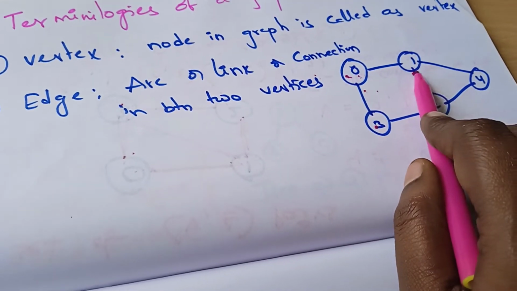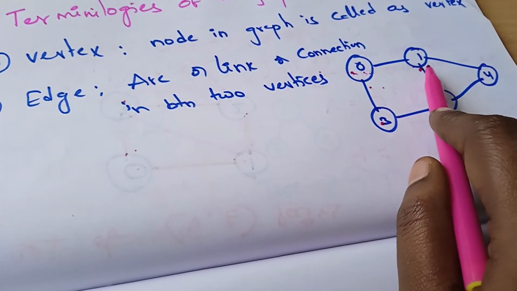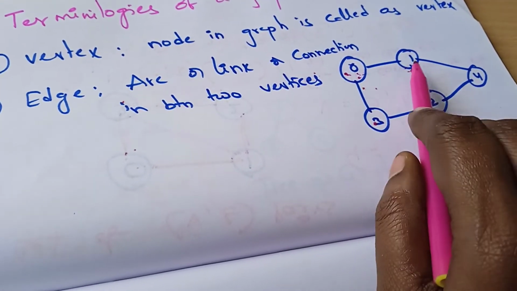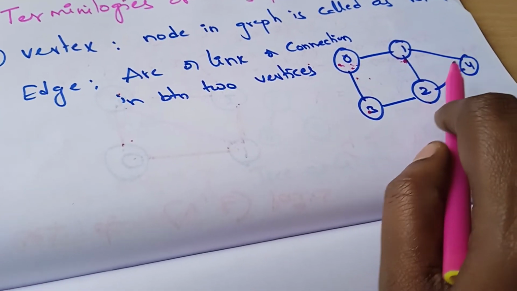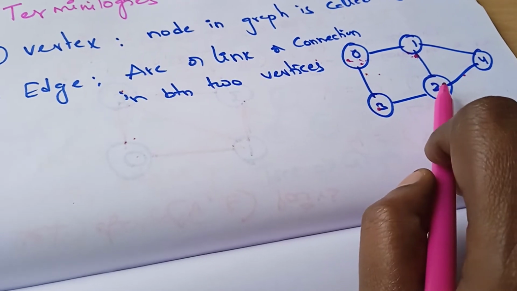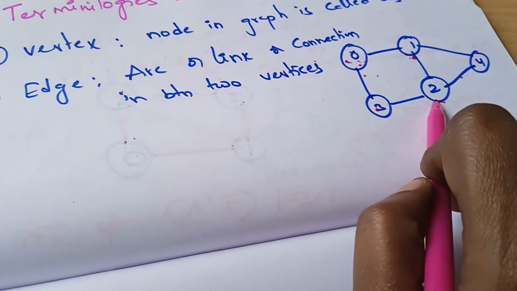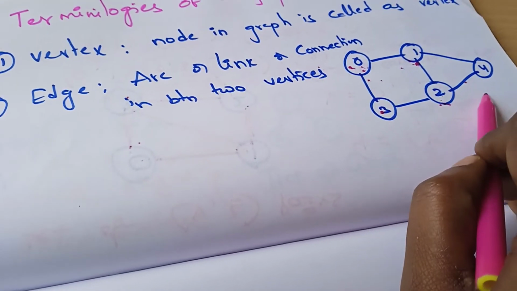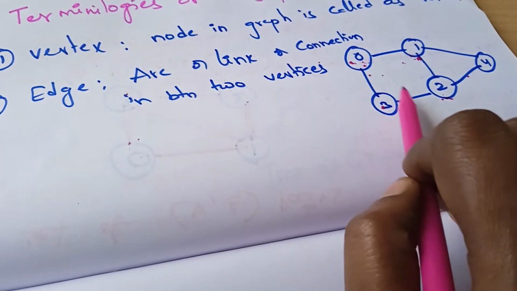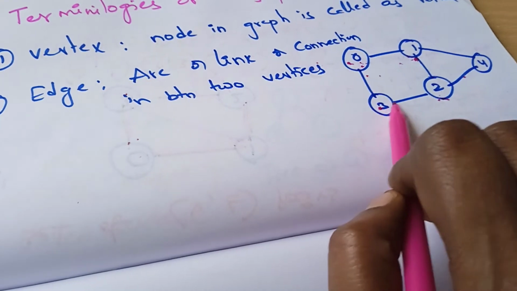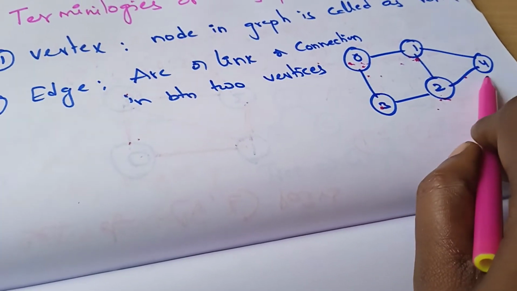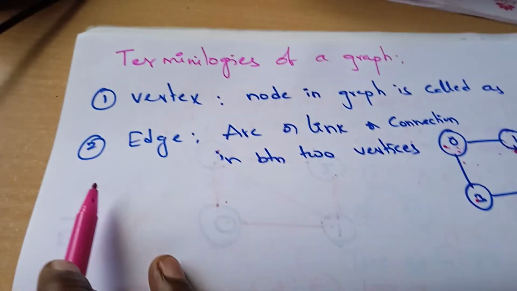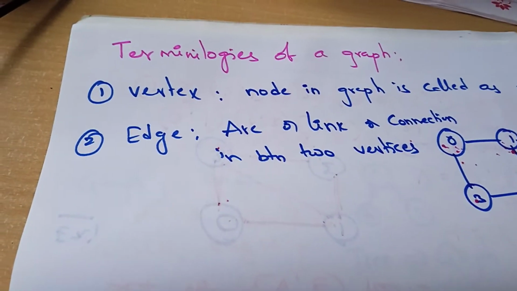Now look at 1. 1 also has three edges: 1 to 0, 1 to 2 and 1 to 4. Now look at 2. 2 has edges 2 to 1, 2 to 3, 2 to 4. And 3 has two edges: 3 to 0, 3 to 2. And 4 has two edges: 4 to 1, 4 to 2. This is about edges.